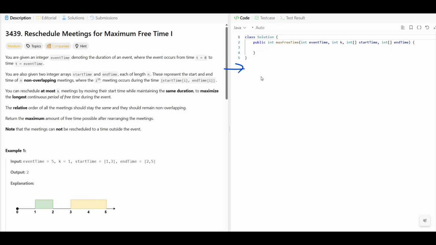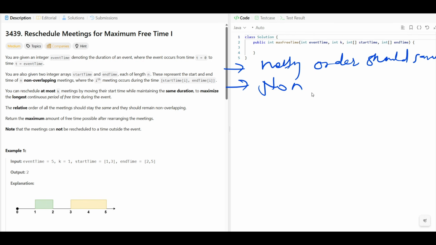What are the things we have to keep in mind while shifting meetings? First of all, the meeting order should be the same. Then it also says the meetings should stay non-overlapping, so two meetings should not overlap.